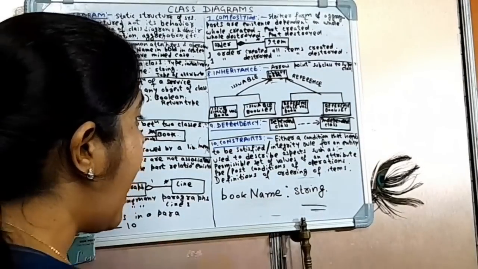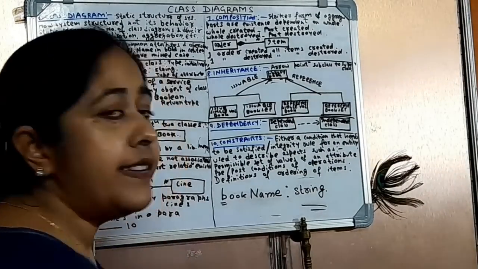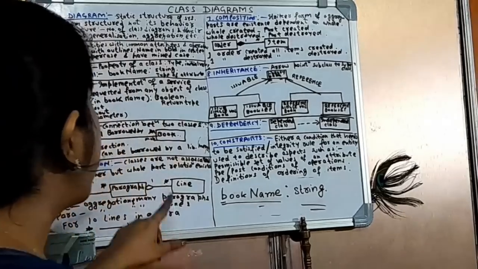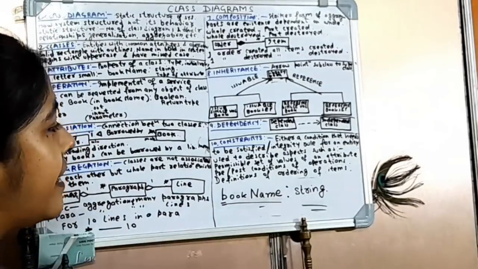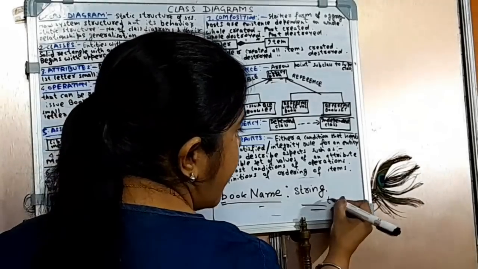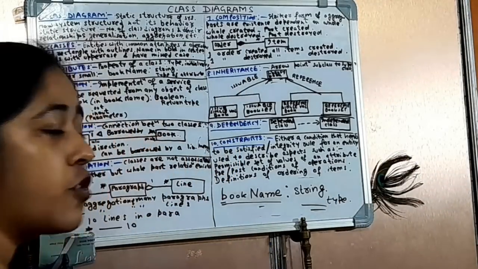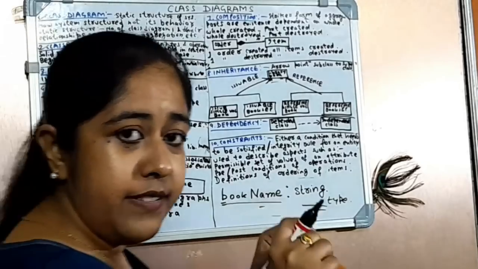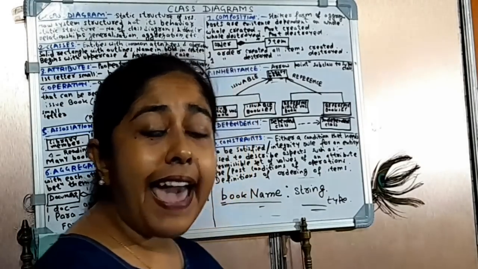Here, bookName, I am starting with a small letter. This is the name of my particular attribute, but String is my type of attribute. So after writing the name of the attribute, I have to give a colon and then write the type of my attribute.